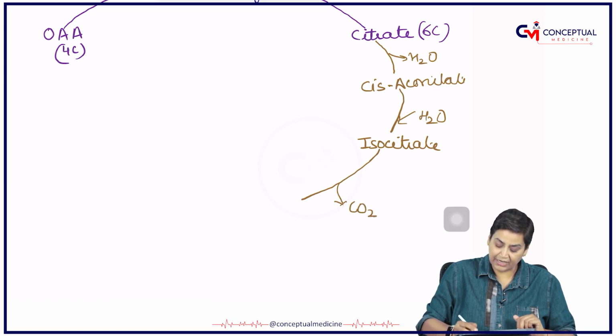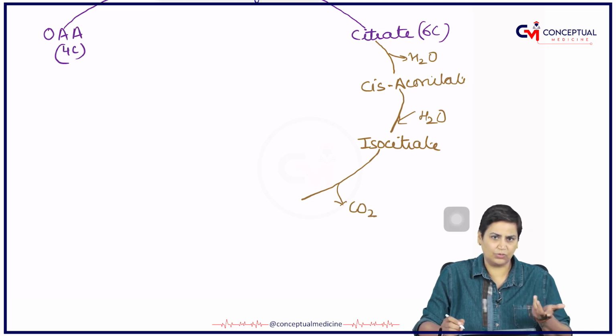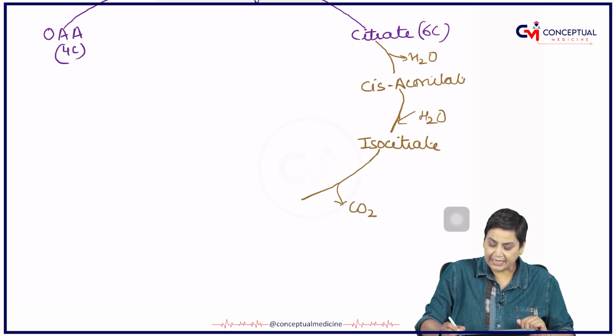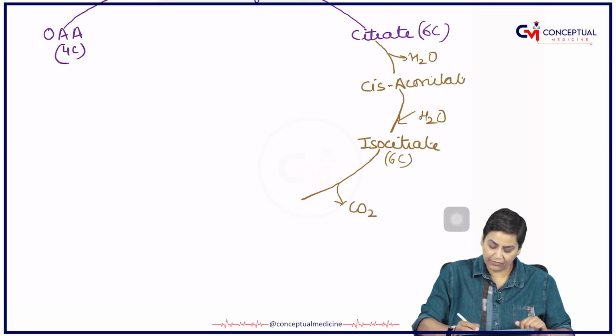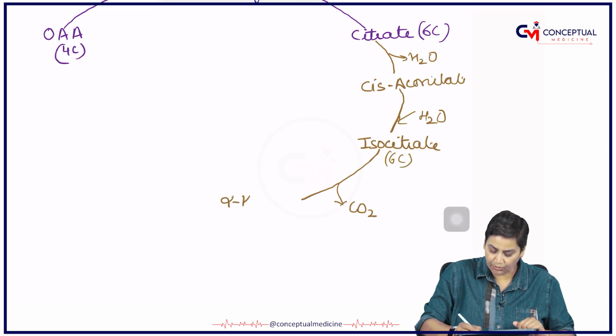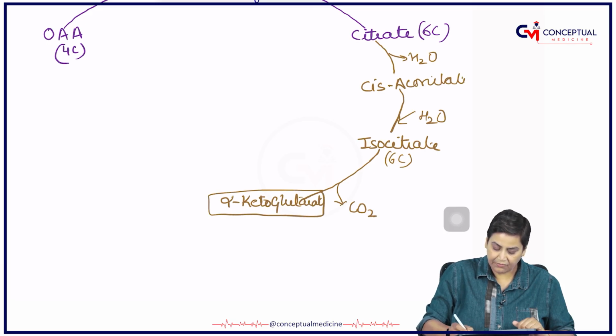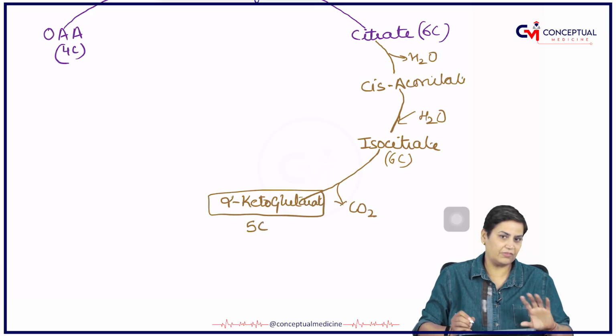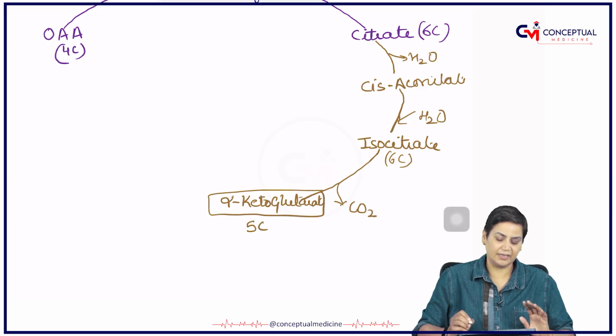Iso means it is an isomer of citrate, and it has 6 carbon atoms. When it gives out one molecule of carbon dioxide, it will be converted into alpha-ketoglutarate, which has 5 carbon atoms.